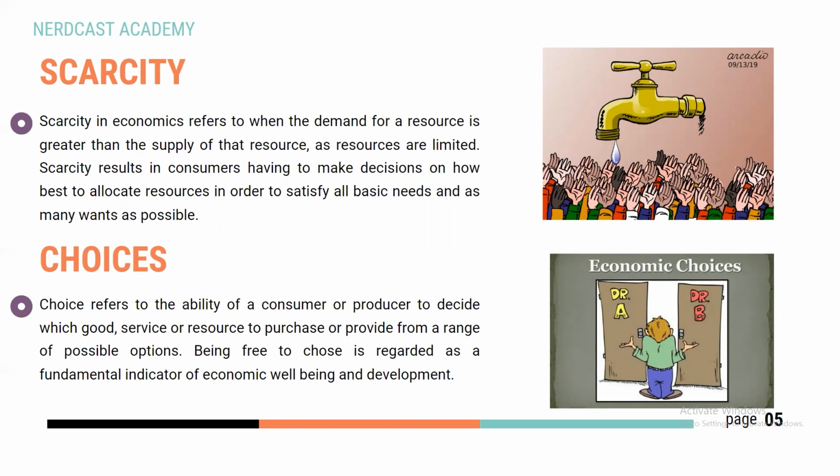Therefore, scarcity can limit the choices available to the consumers who ultimately make up the economy. Scarcity results in consumers having to make decisions on how best to allocate resources in order to satisfy all basic needs and as many wants as possible. One of the most widely known examples of resource scarcity impacting the United States is that of oil. As global oil prices increase, local gas prices invariably rise.